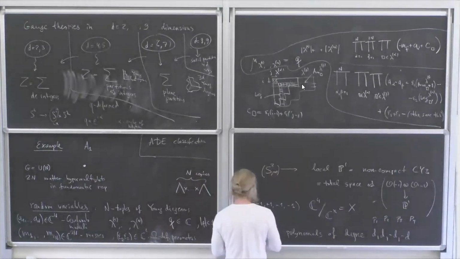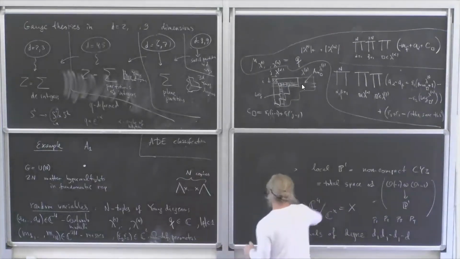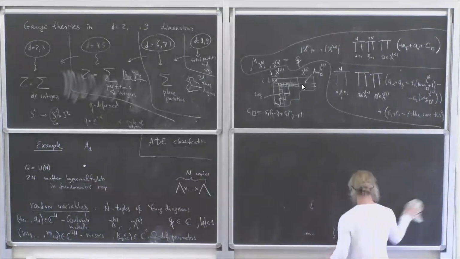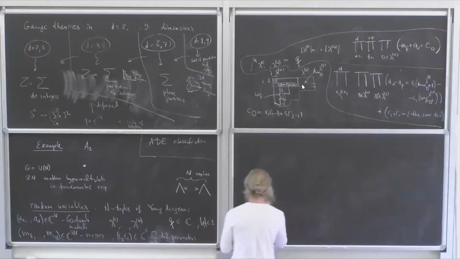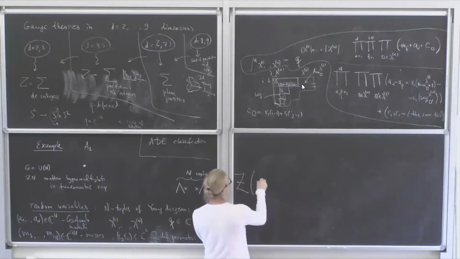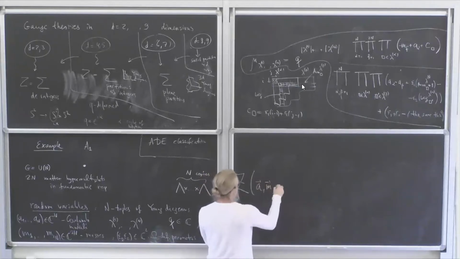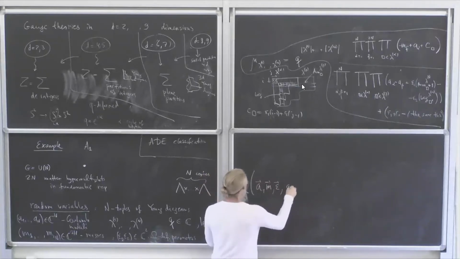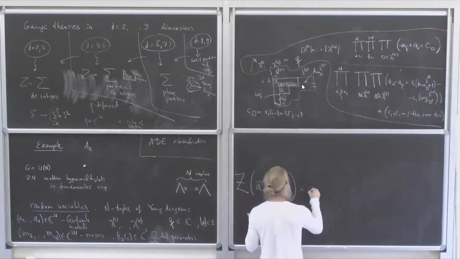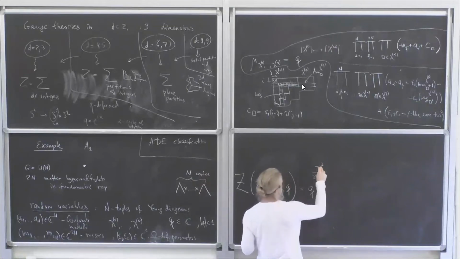So one's interested in the studies of the partition function, which depends on all a's, all m's, epsilons, and q, and has certain prefactors which I will not explain today.